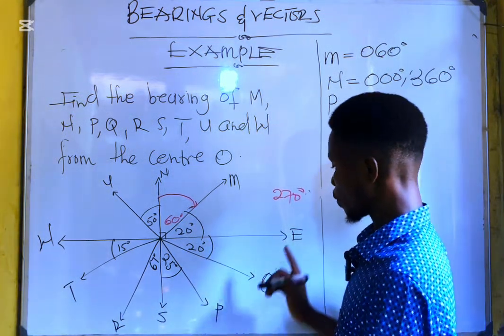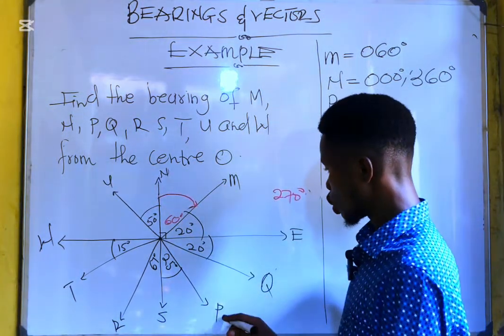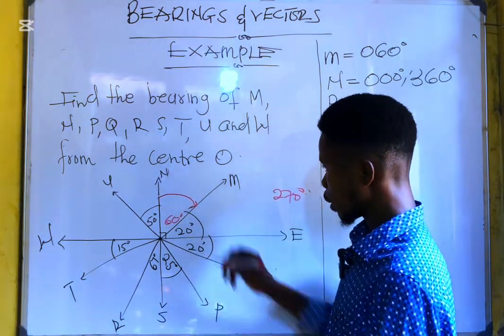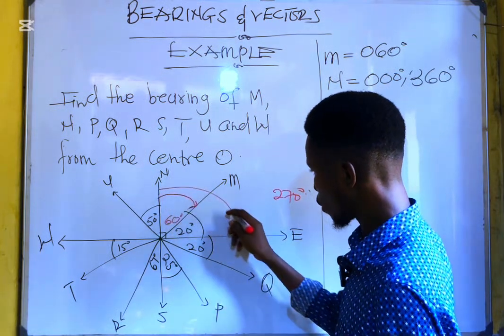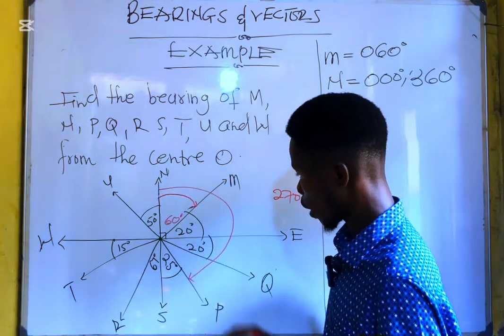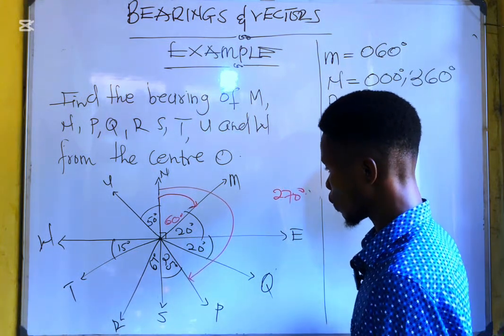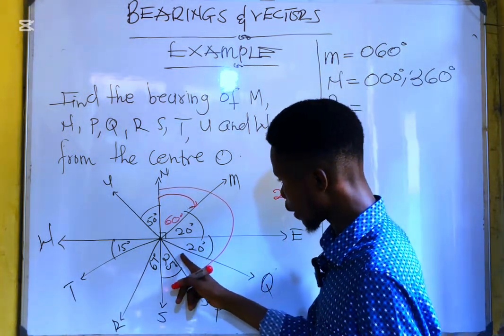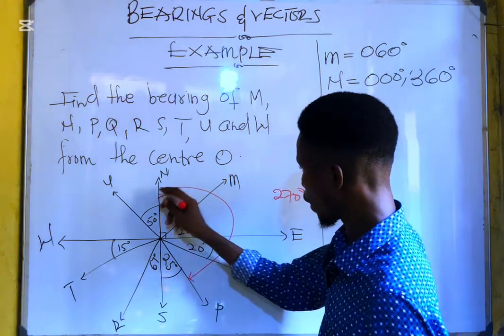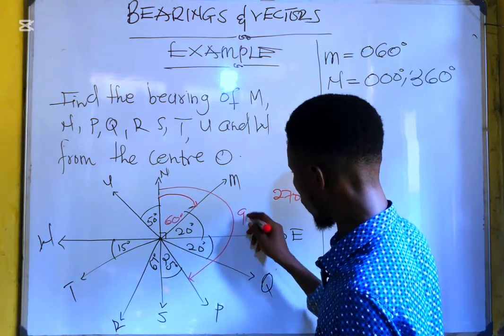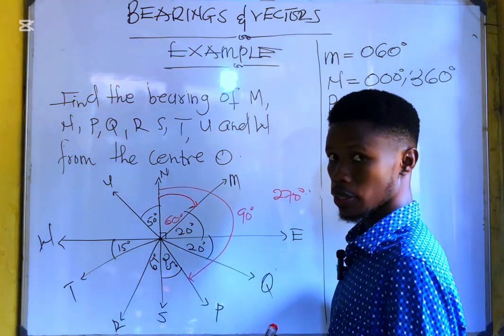Now let's look at the P. So this is the P. The P is from this place up to this side, okay? If that is the case, we need to get here because from here up to this place, you know it is 90 degrees. Have you seen it?